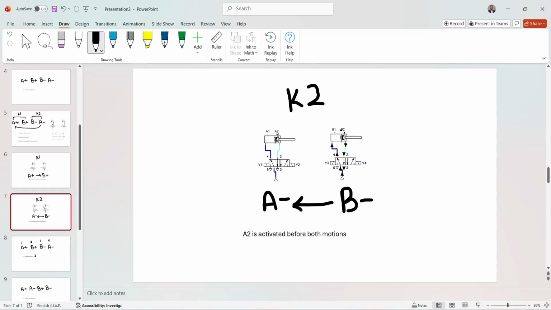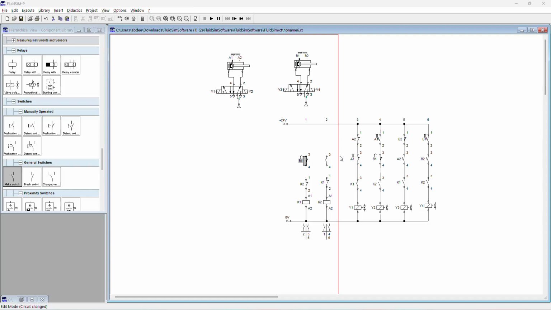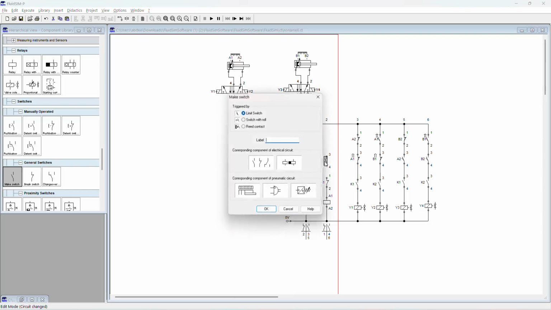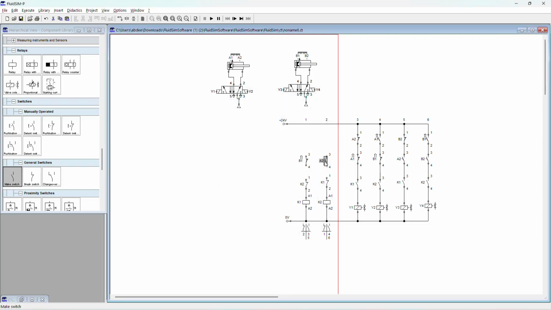So the sequence is B minus and then A minus. So we want cylinder A to keep on waiting until B retracts and then it retracts. Since cylinder A will be waiting, it will be on A2 the whole time K2 is activated. So here we will just say A2, because cylinder A will wait.